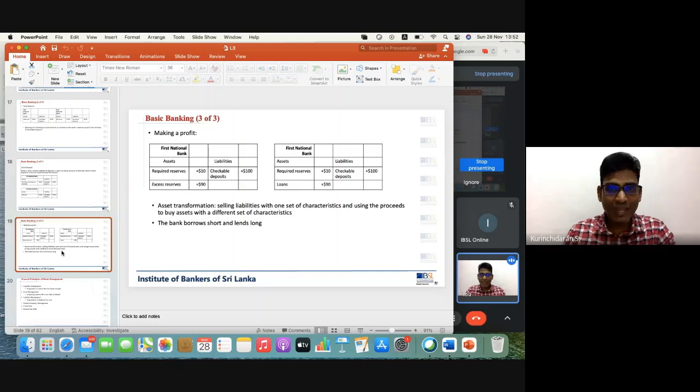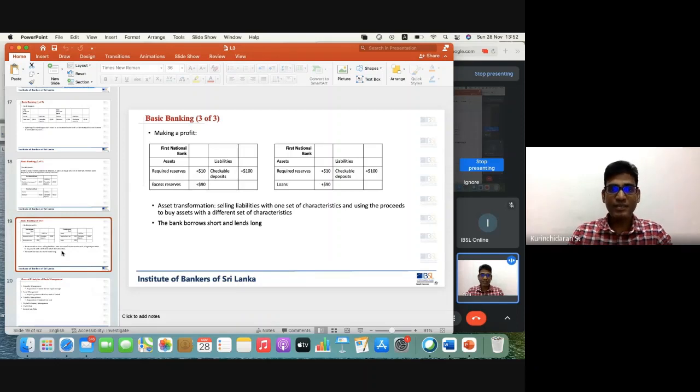So how do banks make a profit? Now the question is, you have the deposits. On your liability side, you have deposits, and on the asset side, you have reserves. How are banks making a profit out of that?